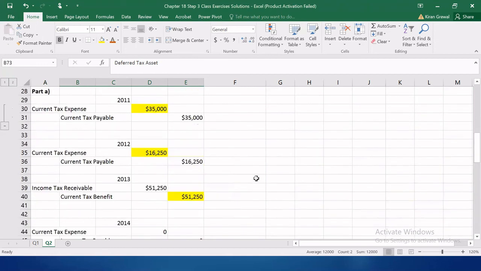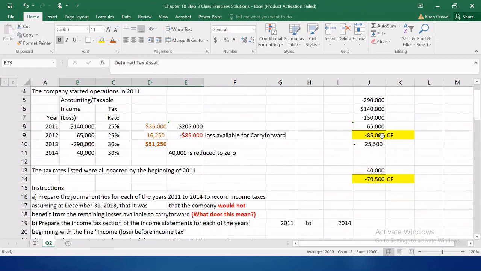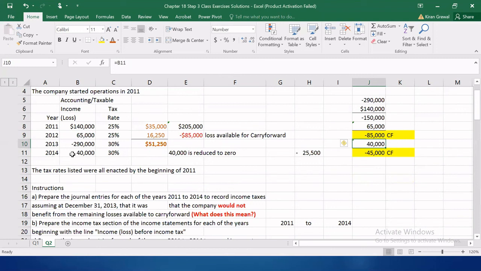But here, after we take into account the 40,000 of taxable income that we had in 2014, we still have a loss left over of 45,000 that we can carry forward in the future. So we didn't use all of that loss, which means we don't have to get rid of all of the asset.